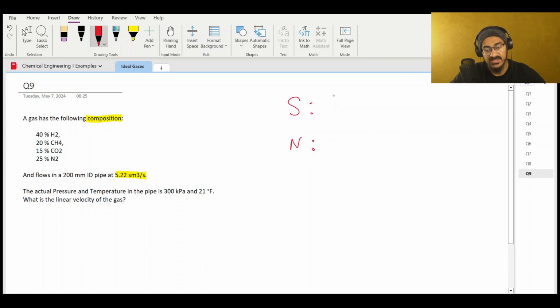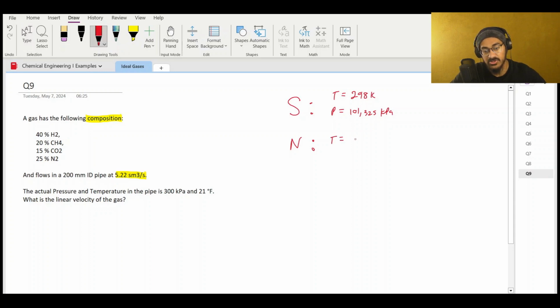If you see S, it's telling you that you are at standard conditions. It's just a shorter way of saying that the temperature is 298 Kelvin and the pressure is 101.325 kPa.